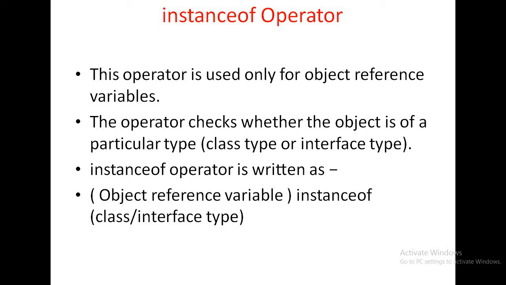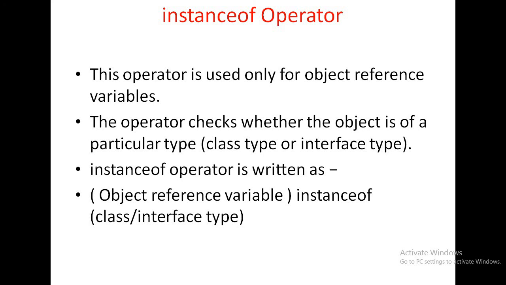If the object belongs to the class, it returns true. If the object does not belong to the class, it returns false. This operator is used only for object reference variables. The operator checks whether the object is of a particular type, meaning whether that object belongs to a particular class or a particular interface.